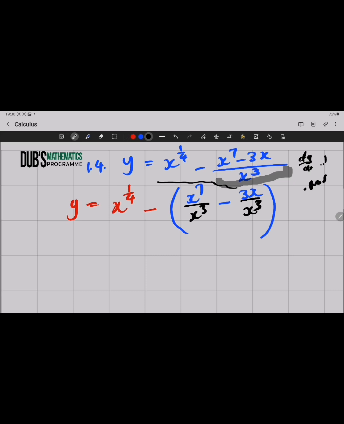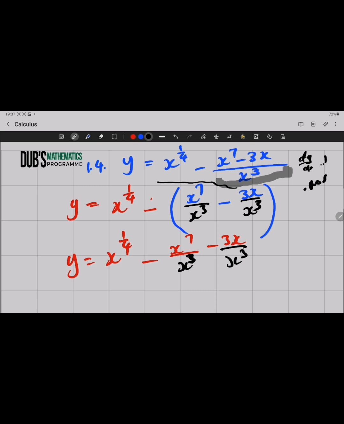Okay, making some great progress. So we have that. We can now multiply out the bracket. So we'll then get negative x to the power of 7 over x cubed. You will then have minus 3x over x cubed again.